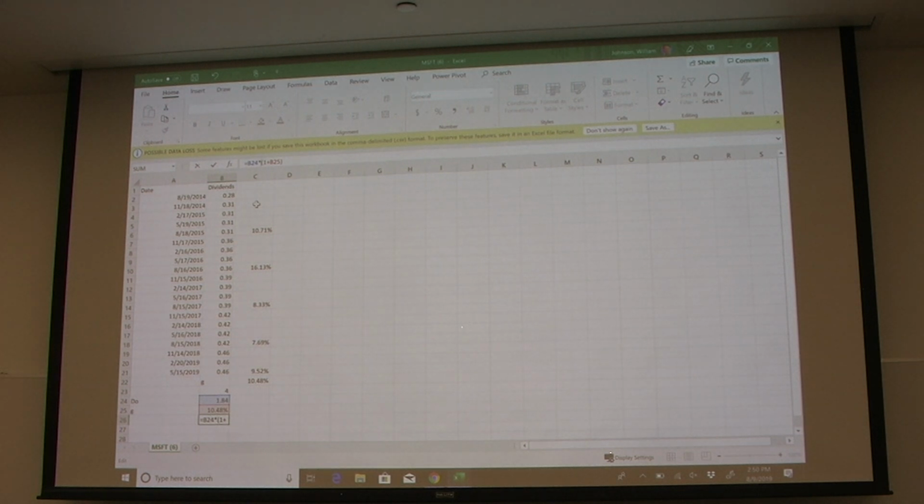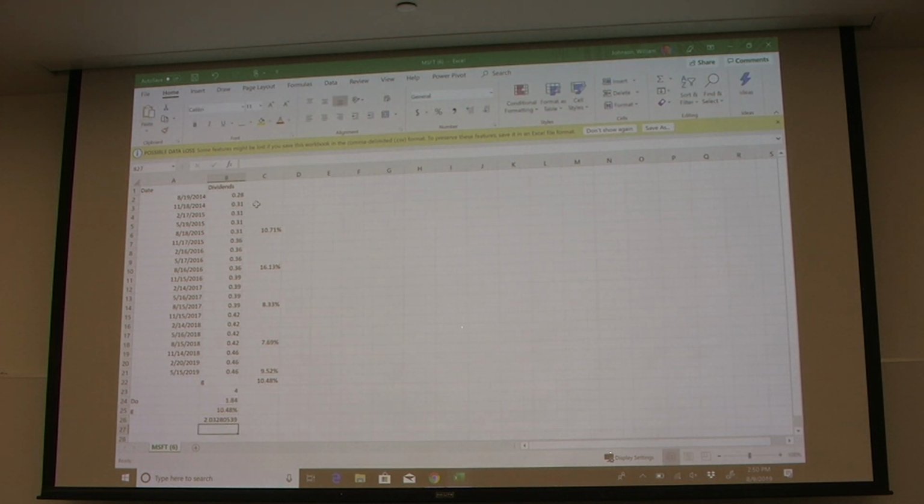It doesn't interpret parentheses as multiplication. So we end up with our next dividend. Let's go out to 2 decimal places and add a dollar sign to make it clearer. This is our D1, our estimated dividend in the next period, which is $2.03.